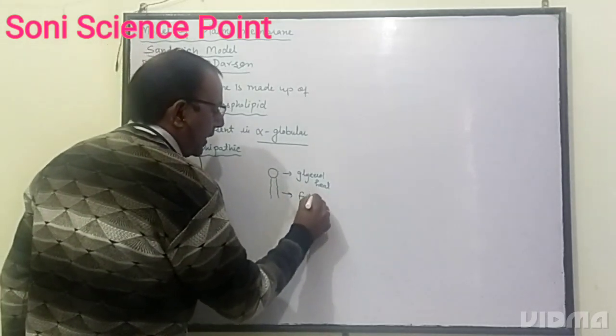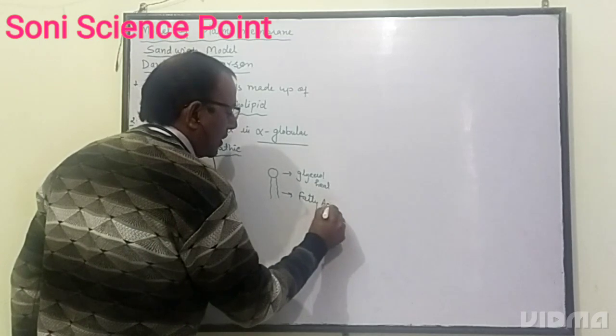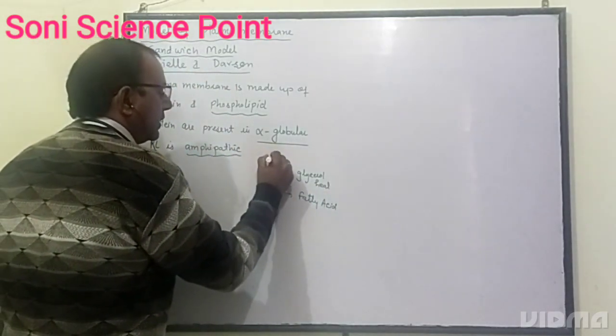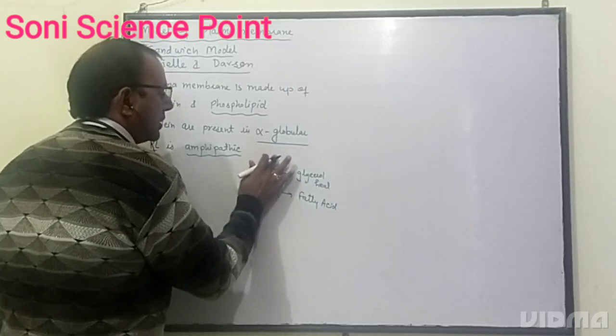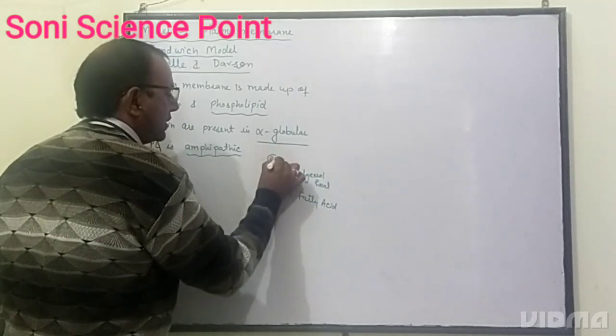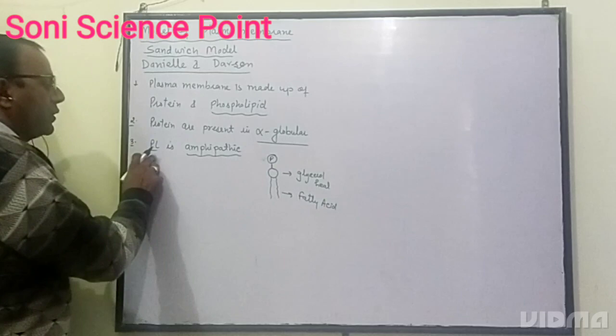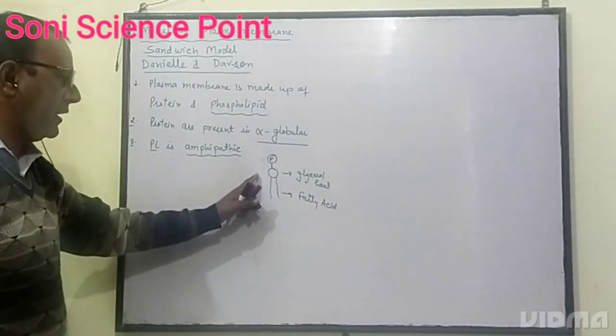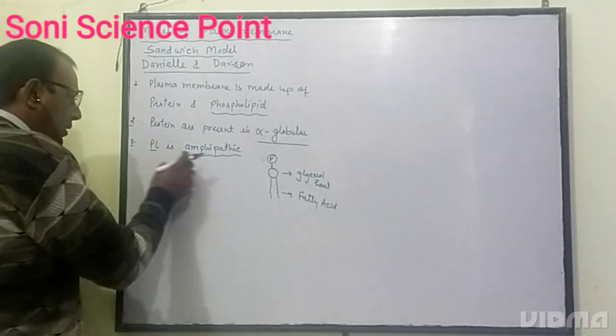These are the fatty acid chains, and on one side it is attached with the phosphate, so it is called phospholipid. This is the structure of phospholipid, because of the bilayer of lipids.